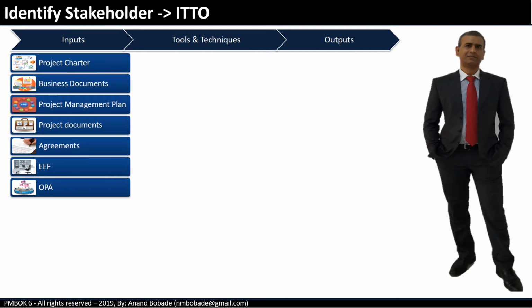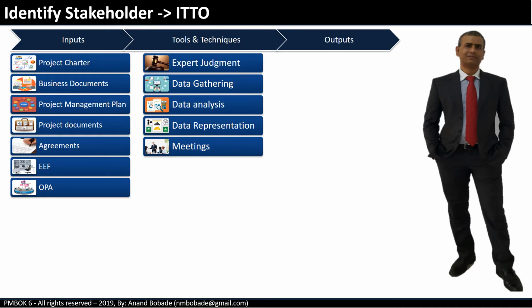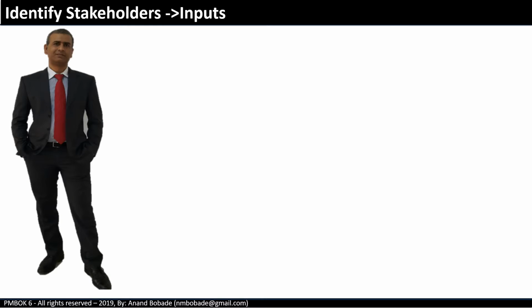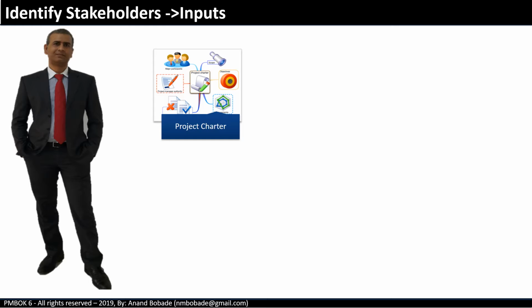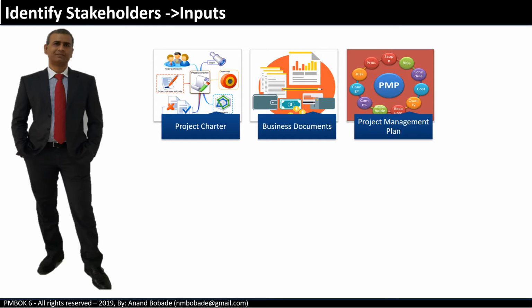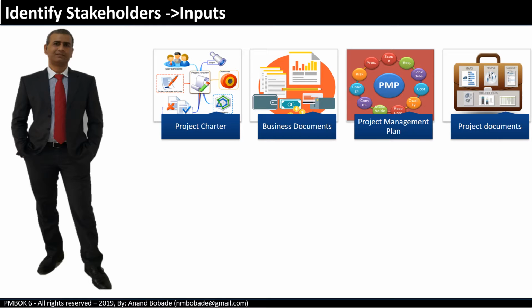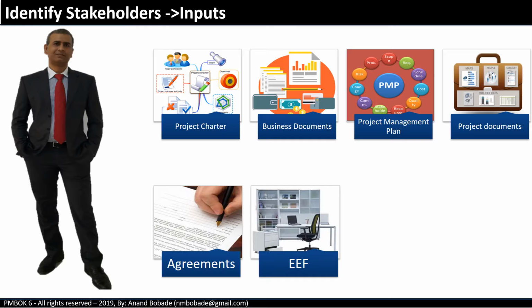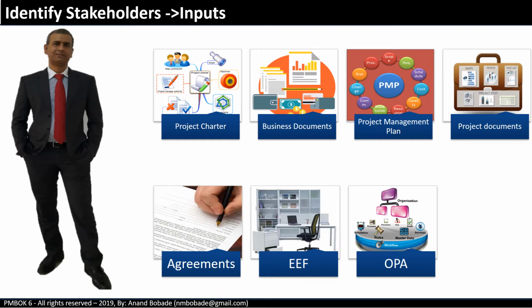Let's have a quick look at inputs, tools and techniques, and outputs. Inputs are project charter, business documents, project management plan, project documents, agreements, enterprise environmental factors, and finally, organizational process assets.